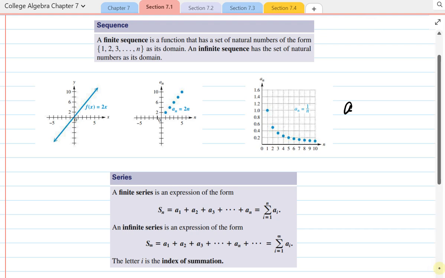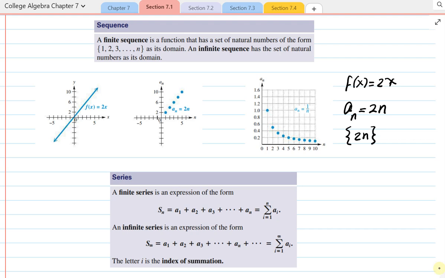I can write a sub n equals 2n. Remember, the unrestricted domain f of x is 2x. So now it's going to become n. Now, some textbooks also use the brace notation. We can write it like that. Some also use f to maintain the general structure of a function, and instead of x, we have f of n. So these are some of the variations in writing the sequence.